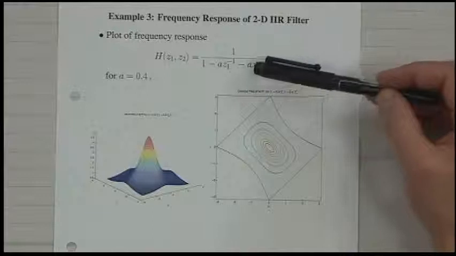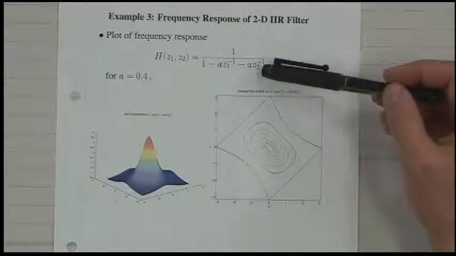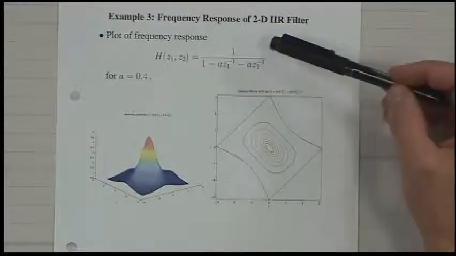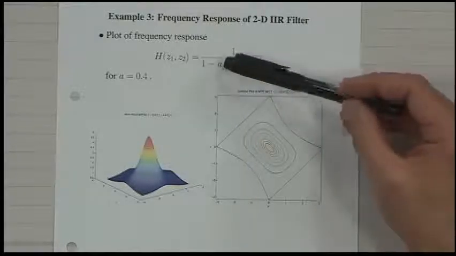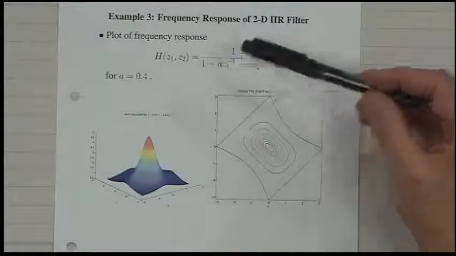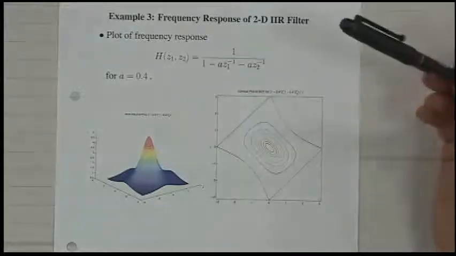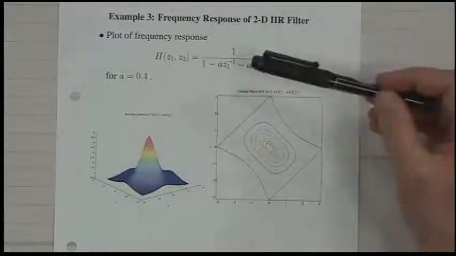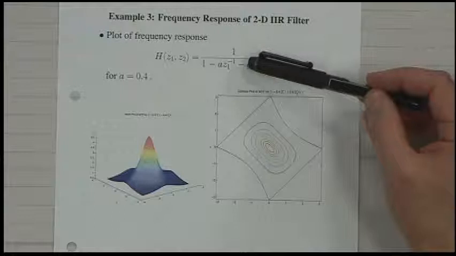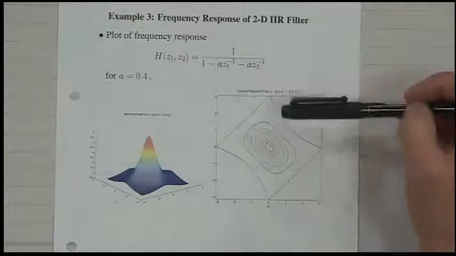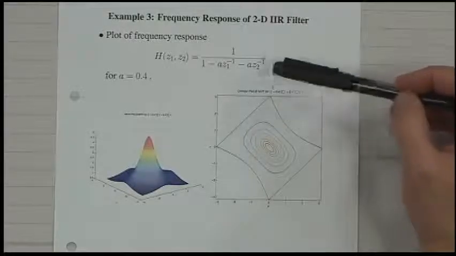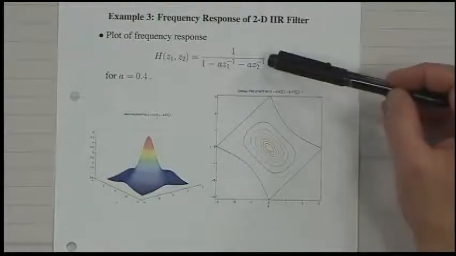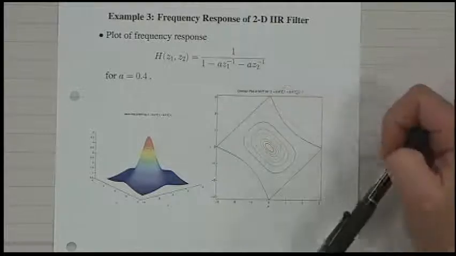So this is a single filter for a particular choice of A. Or we could have had two coefficients, A1 and A2. But if you look at the family of filters parameterized by these coefficients, that family has characteristics. Any individual in the family has characteristics, and the family itself has characteristics.